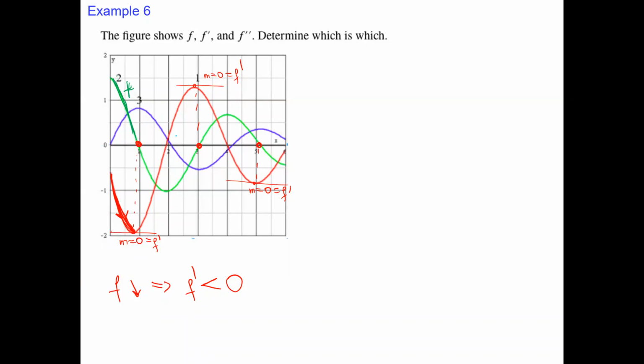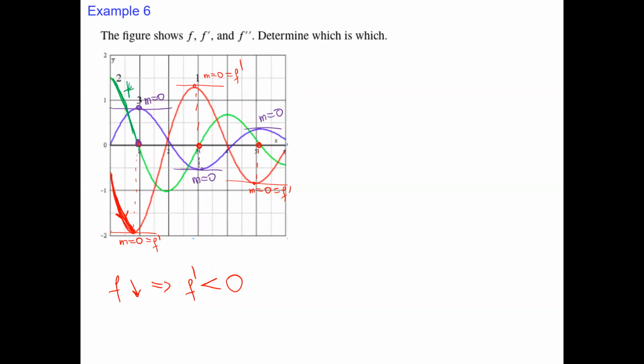Let's look at something different. That means we can start over. Let's look at the purple color. Again, I can draw a horizontal tangent, slope 0, slope 0, slope 0. Then the value of the derivative is supposed to be 0. Green function, 0 has 0.